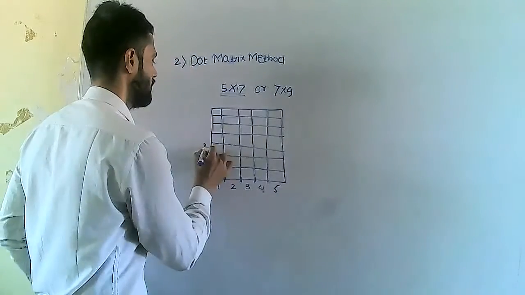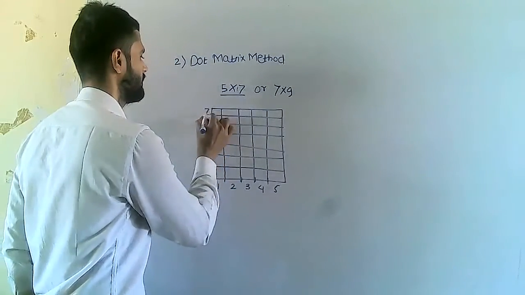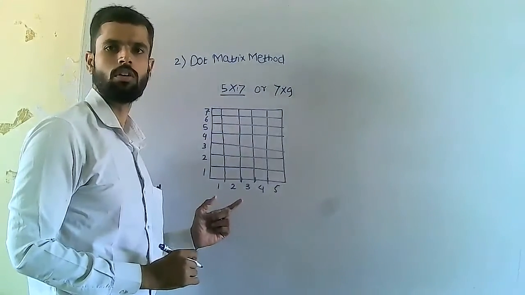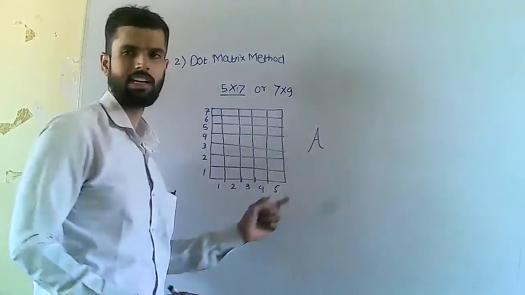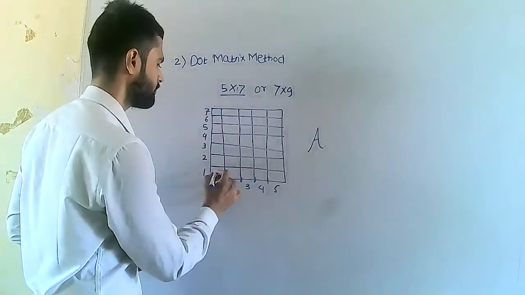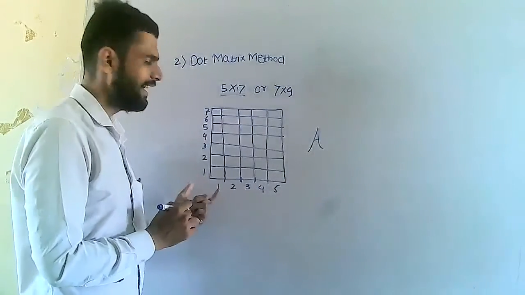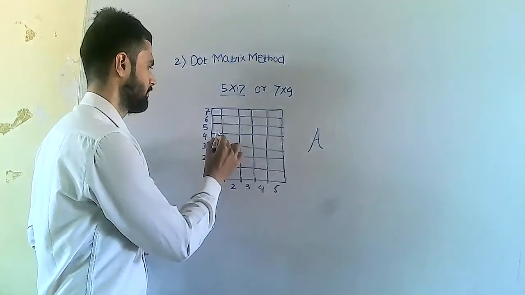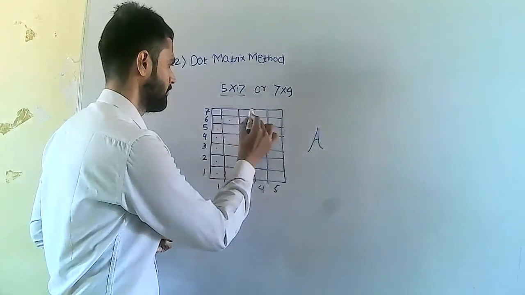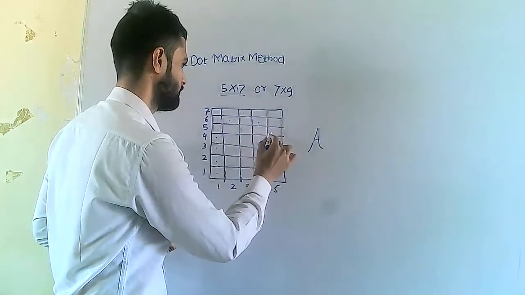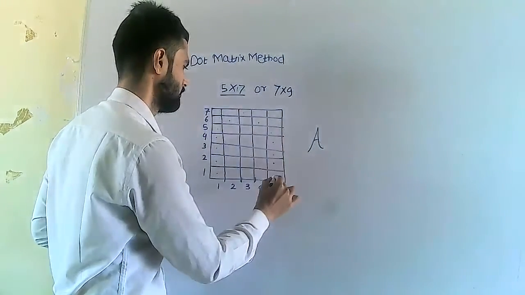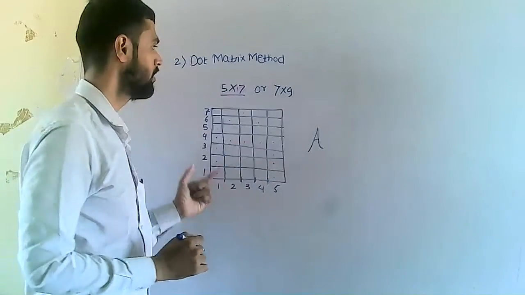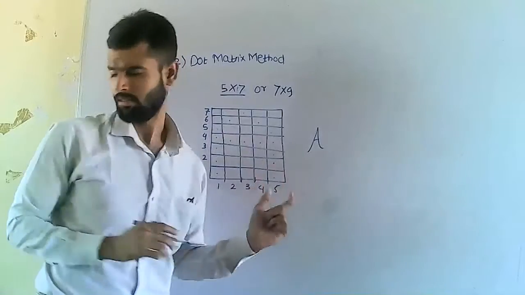So if I want to draw the character A, let's take the example of the character A, then we have to take the array like this. So this should be the pattern for generation of the character A.